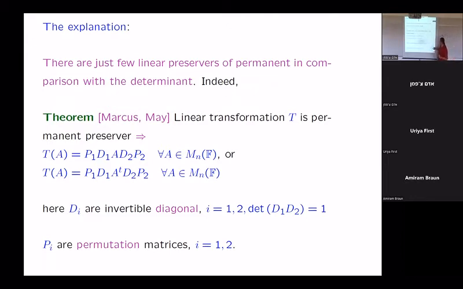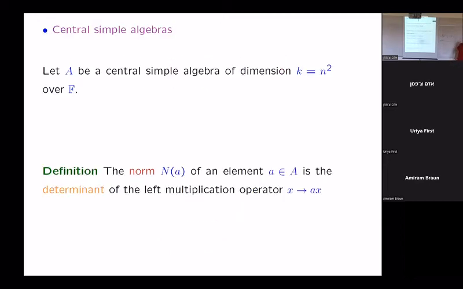So you could either pre- or post-multiply by permutation matrices. You have diagonal scaling and transposition, and that is all. So apart from permutation of rows and columns, there is no good canonical form you could reduce to via these maps. So it's very seldom that permanent is preserved, and that is why it is so complex.